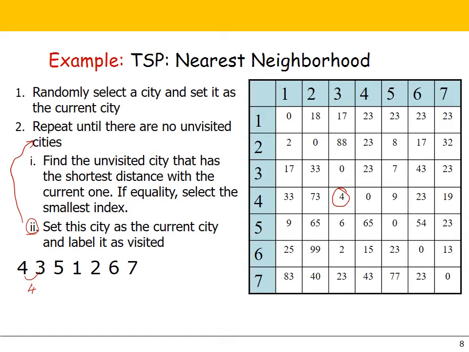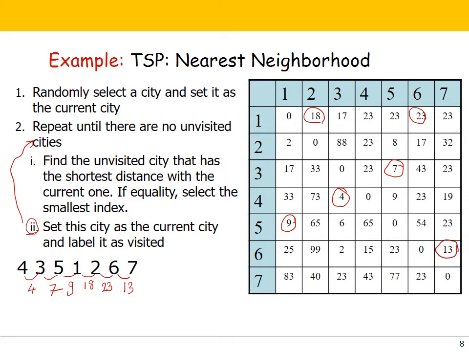From 3, we are going to 5, so the distance is 7. 5 to 1, the distance is 9. 1 to 2, the distance is 18. 2 to 6, distance is 23. And 6 to 7, the distance is 13.